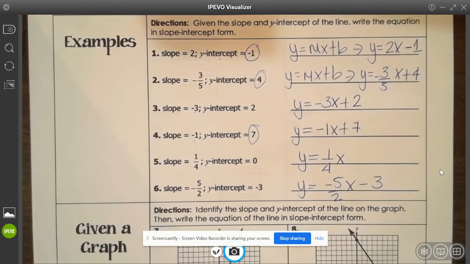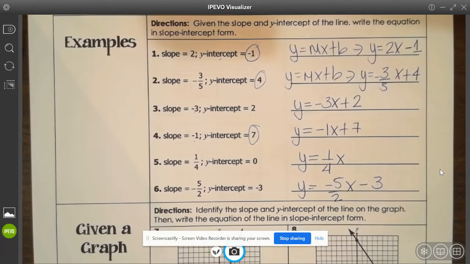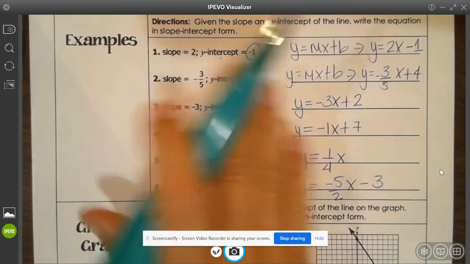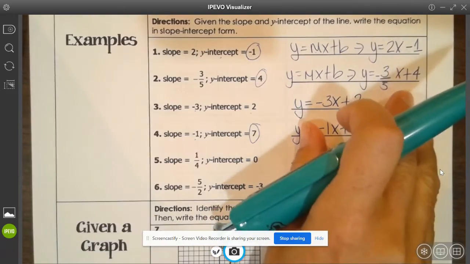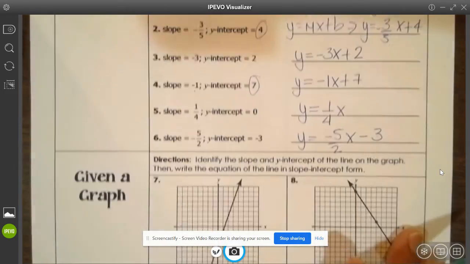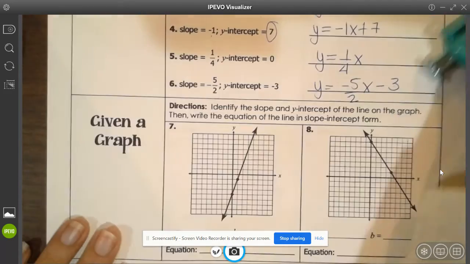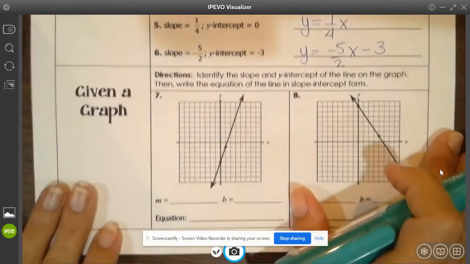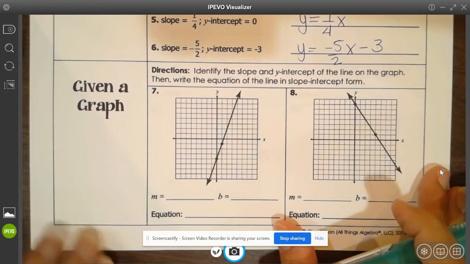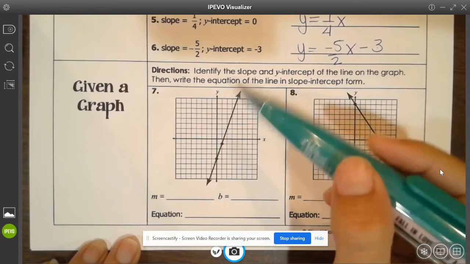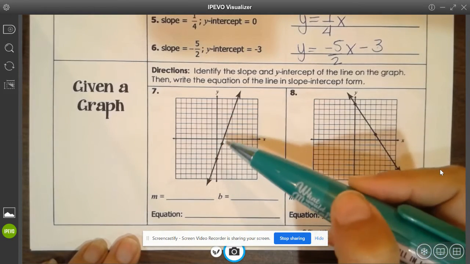And now we're going to look at how we're going to take it from a graph. So this is how we write it with the information. This is the equation. Now we're going to take it from a graph. So given a graph, how do we find the y-intercept and how do we find the equation of a graph? All right. So the first thing that we're going to find is the slope.